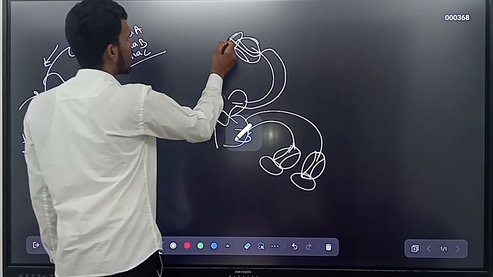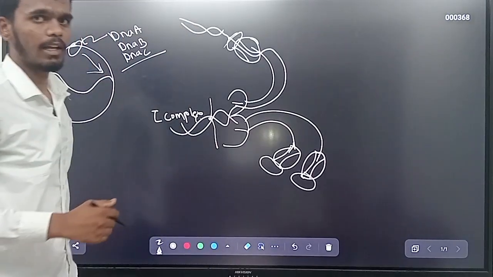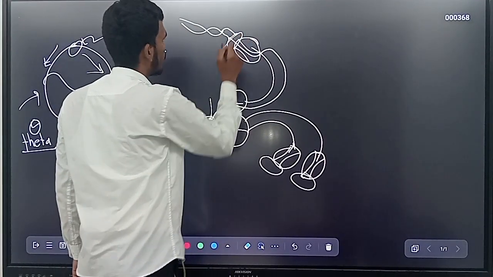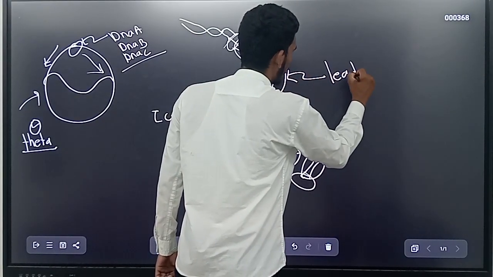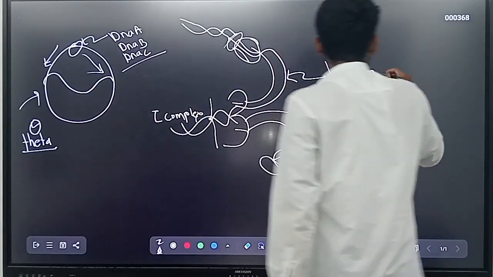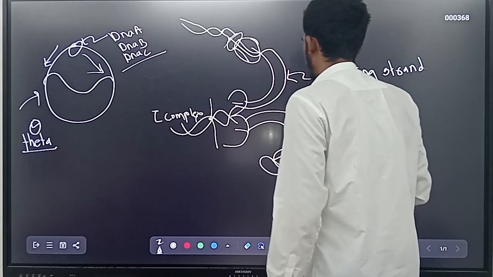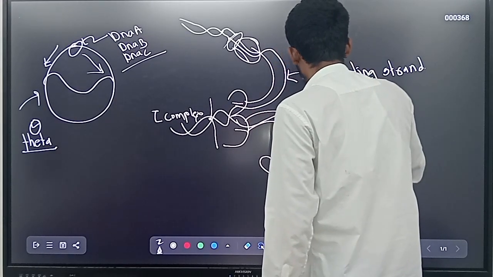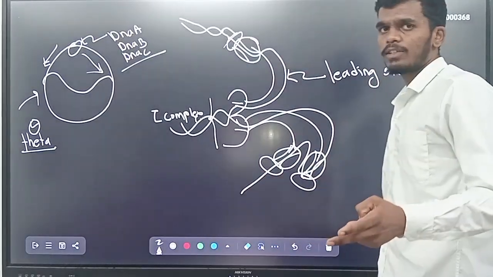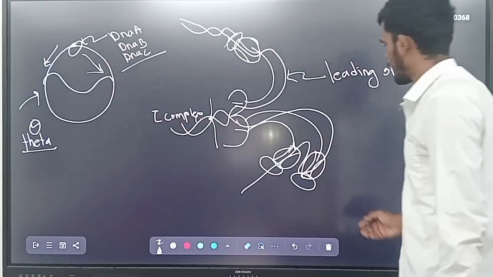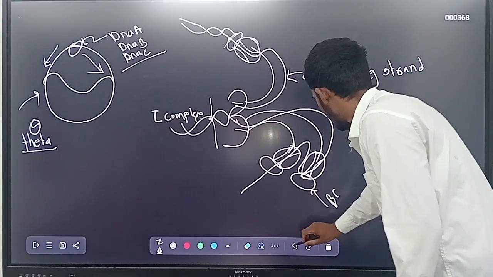So I will again draw the DNA polymerase 3. These are alpha, epsilon and delta polypeptide chains, beta clamp, and this is the tau clamp complex, tau binding complex. So the parental DNA will enter from which position? It will enter from this position.